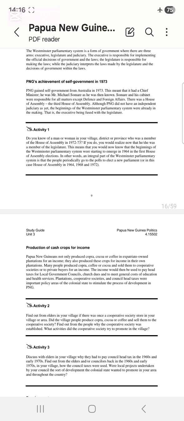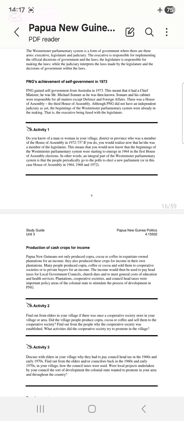So after the establishment, colonial administration established the Westminster system. The colonial administration had set up pathways for Papua New Guinea to become independent. What were these pathways? After the 1951 Legislative Council, the colonial administration in 1964 set up the first House of Assembly.